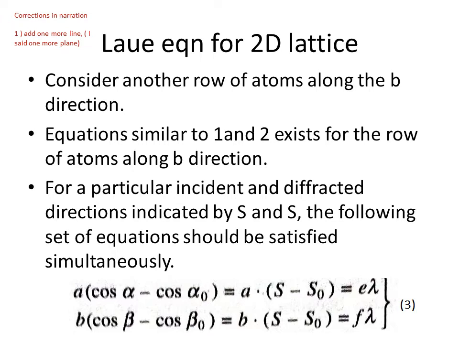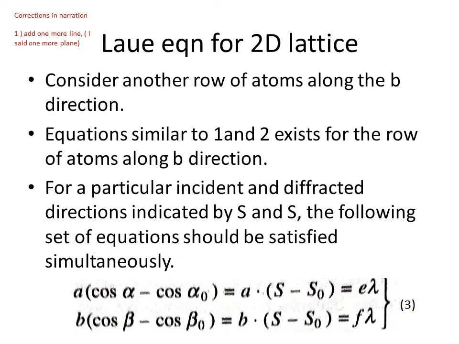For a given incident wave direction given by S0, there will be different cones for diffraction from atoms which are placed along the A direction and also along the B direction.